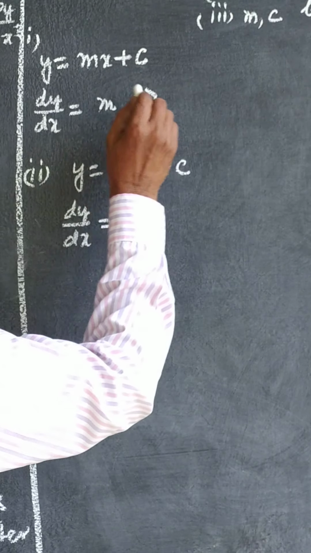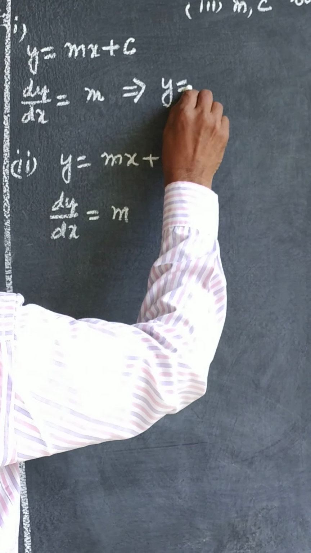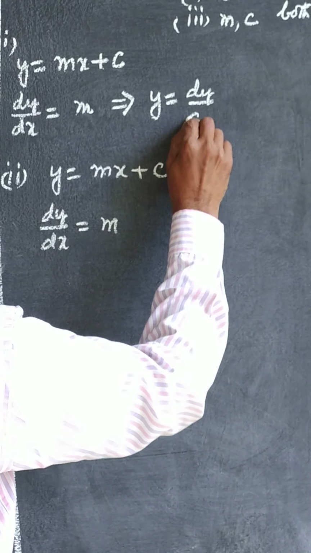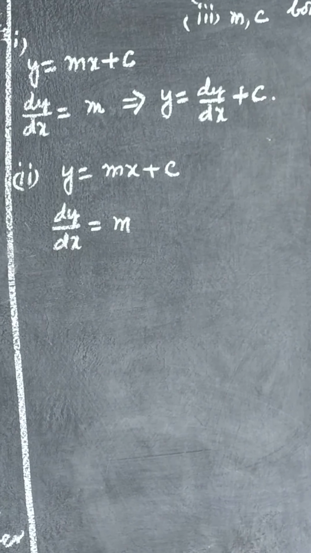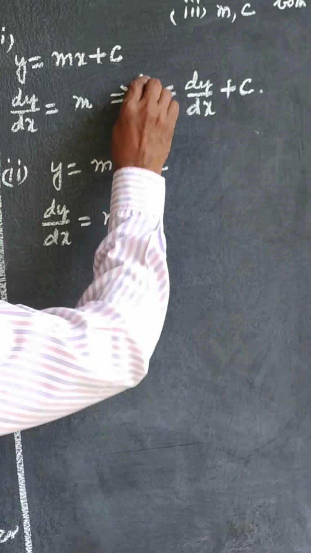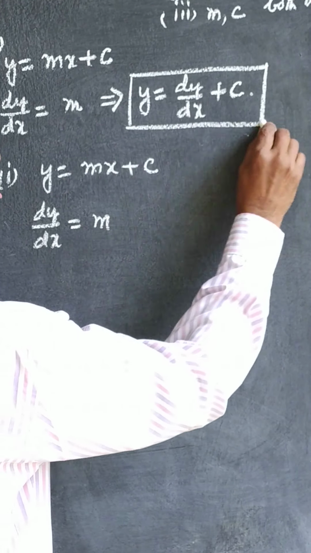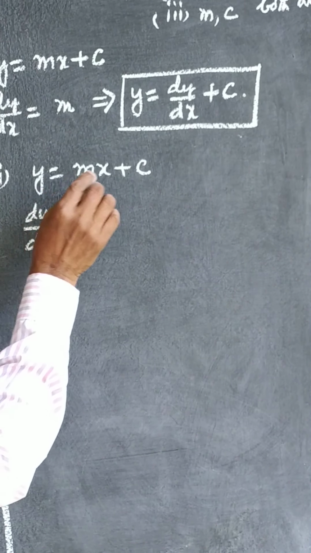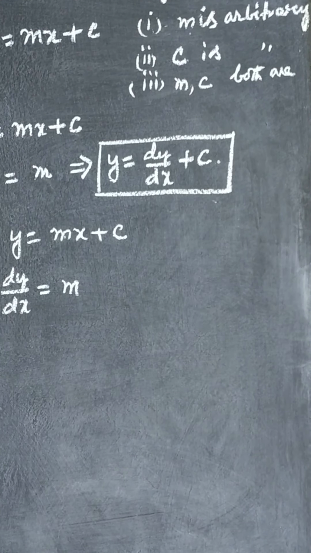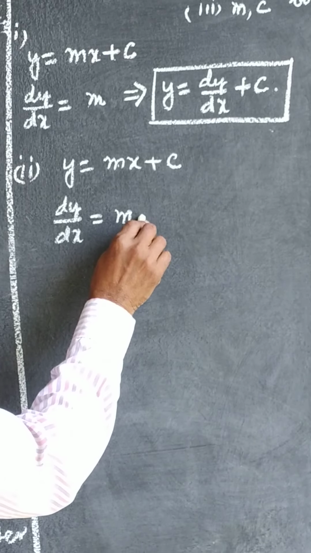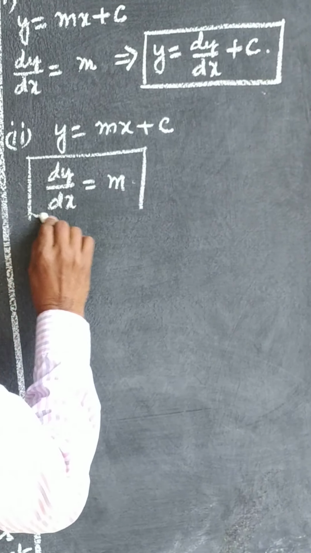Here, y is equal to dy by dx times x plus c. This is the equation for the second case, where you are asked to eliminate only c. In this case, we have naturally eliminated c, and therefore this will be the answer.